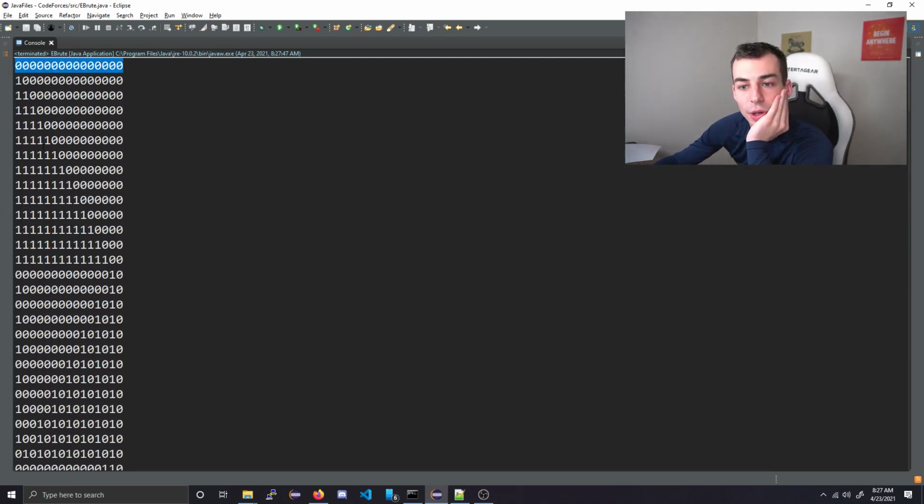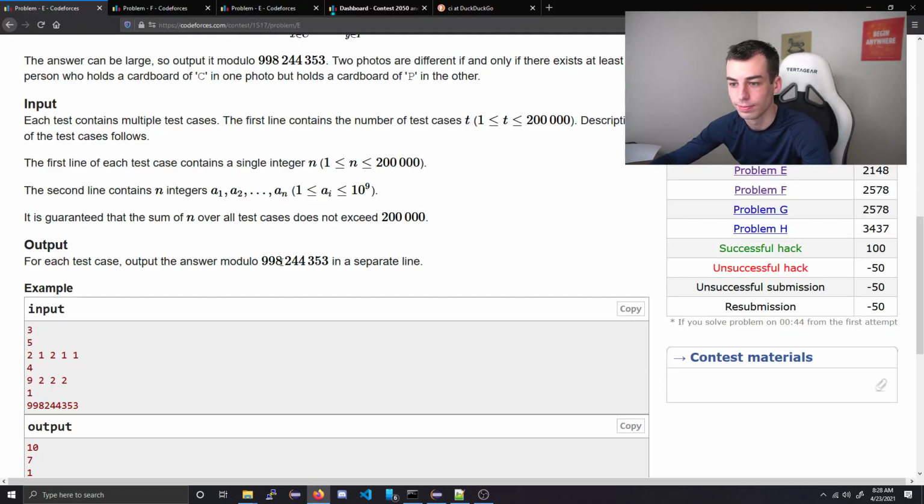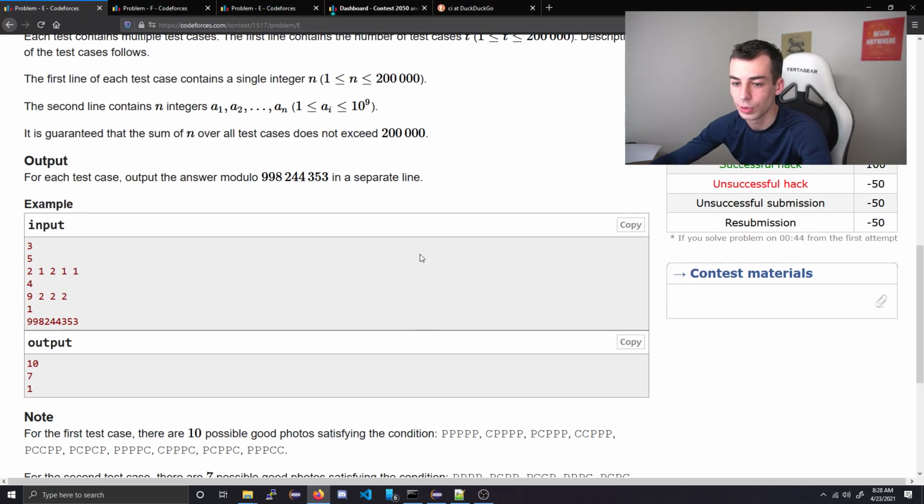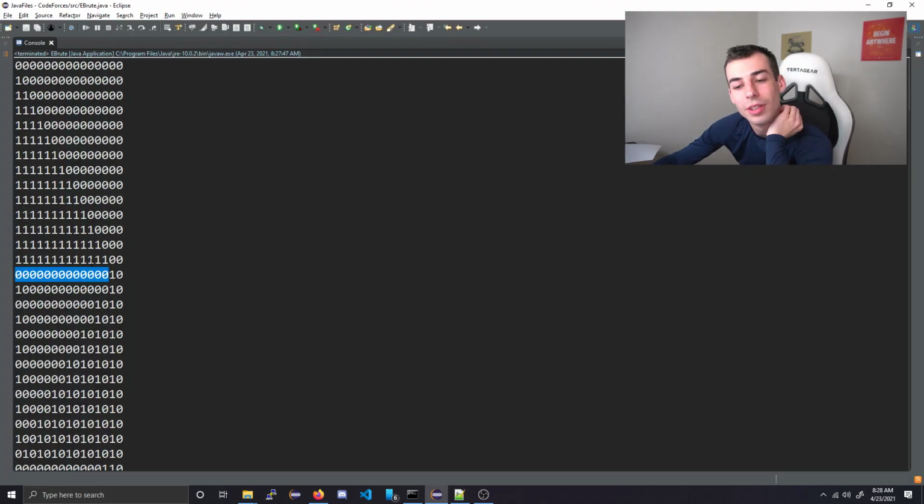So all zeros, some ones and zeros. Question is how many ways? Printed under mod. Probably don't need a mod, but anyway.